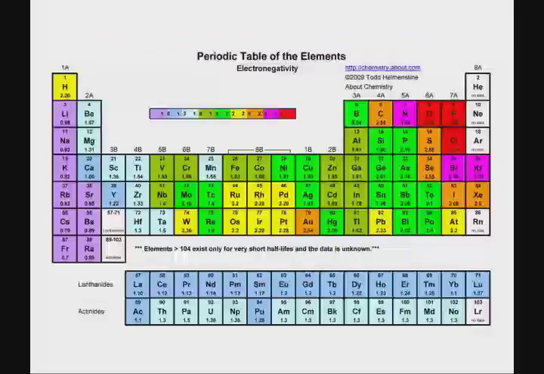And we can put a number on each of those elements. So we can see that oxygen, fluorine, and chlorine are the most electronegative elements, i.e., if you share an electron with one of these types of atoms, they're going to very, very tightly hold on to that electron. They're going to share it, but most of the time that electron is going to spend around their nucleus as opposed to your nucleus, right? As opposed to over here, where we look at sodium and magnesium and calcium and potassium.